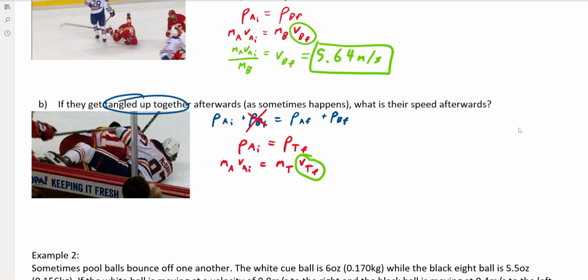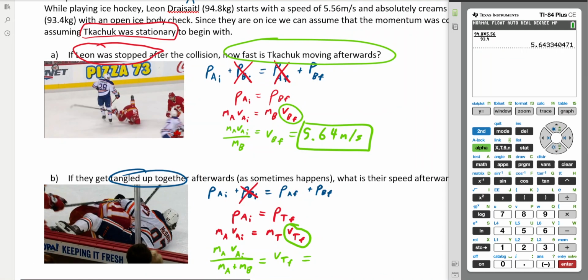So we're going to get MAVAI over MT equals VTF. And just keep in mind that MT is the mass of both added together. So I'm just going to write that differently, MA plus MB, because it's both together. There you go. So that we can see it while we're plugging it in.